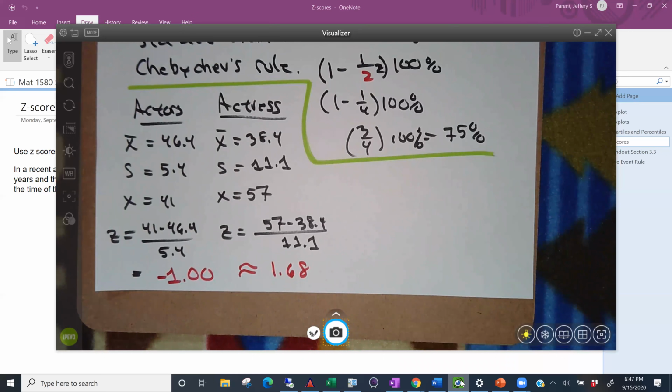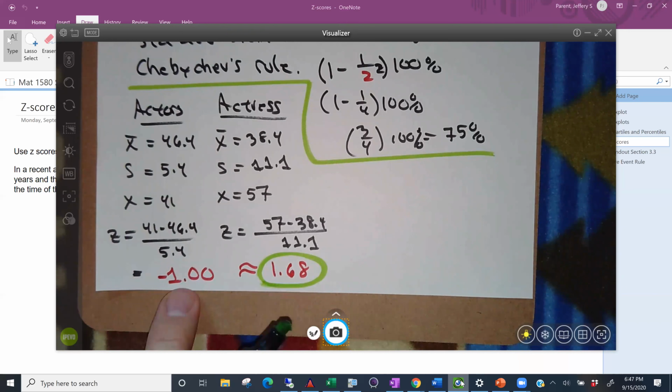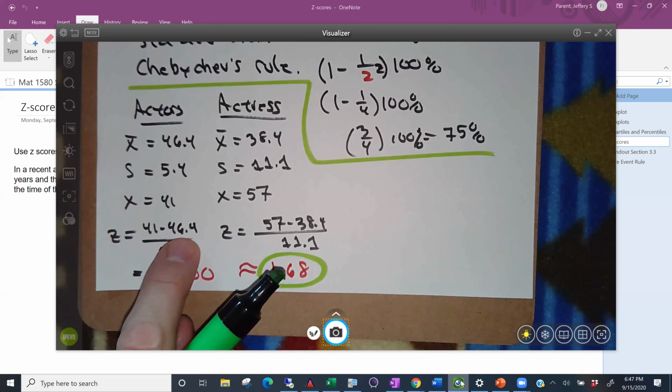The actress? Actress, yes, absolutely. It's closer to 2 standard deviations away from the mean, whereas this is 1 standard deviation away from the mean, okay? The fact that it's negative reflects that the winner this year was below the age of the average winner.